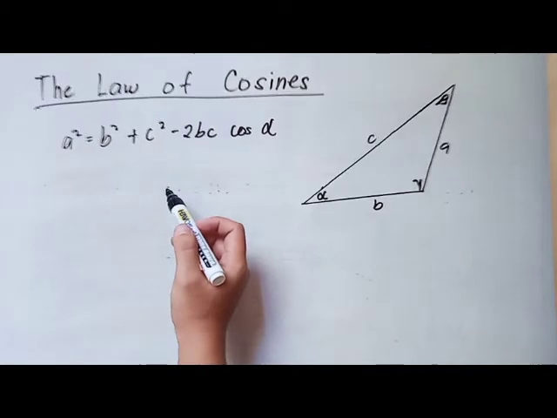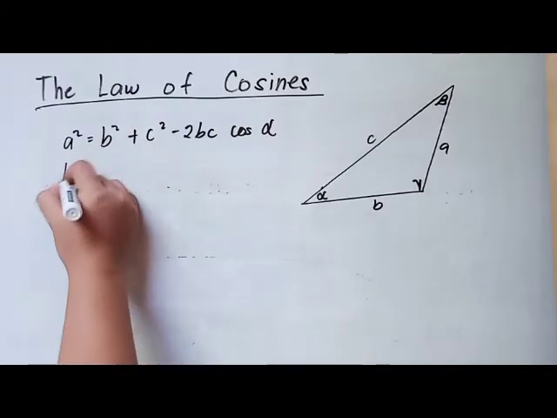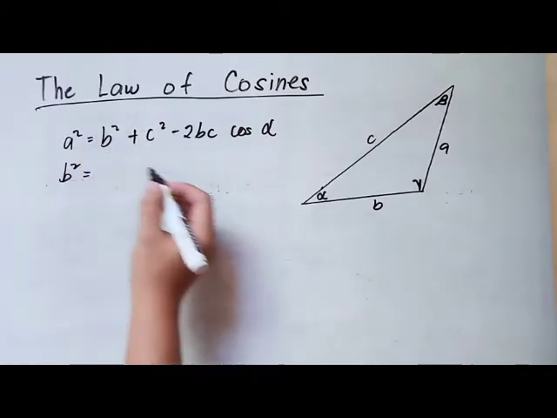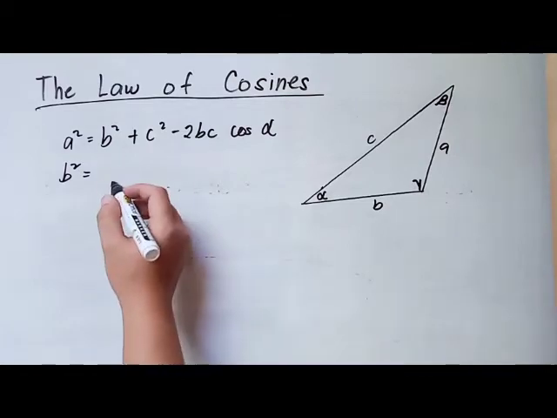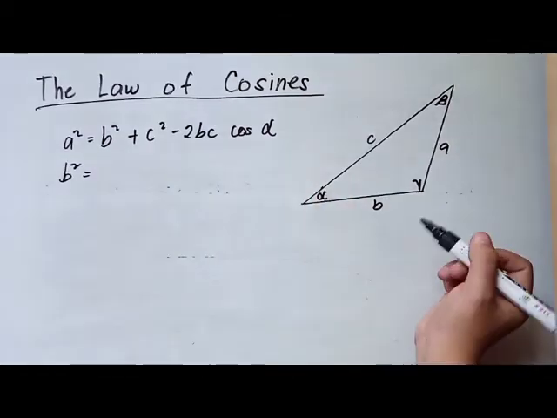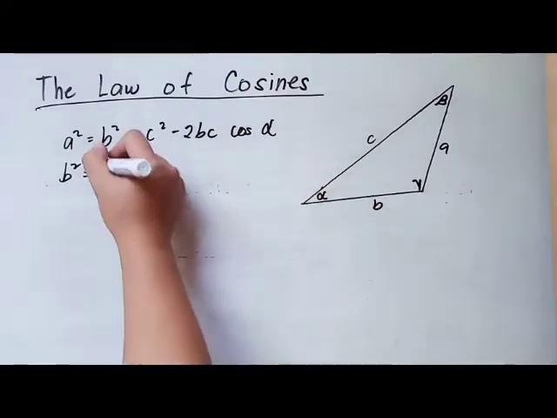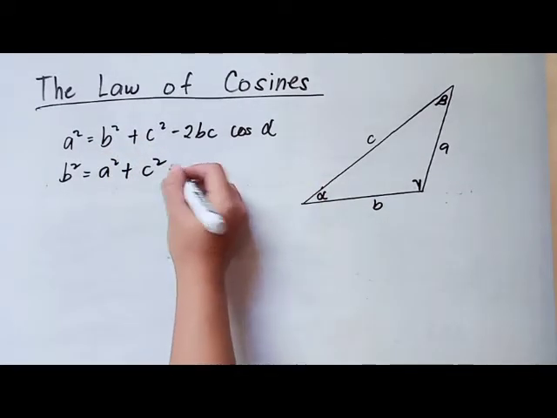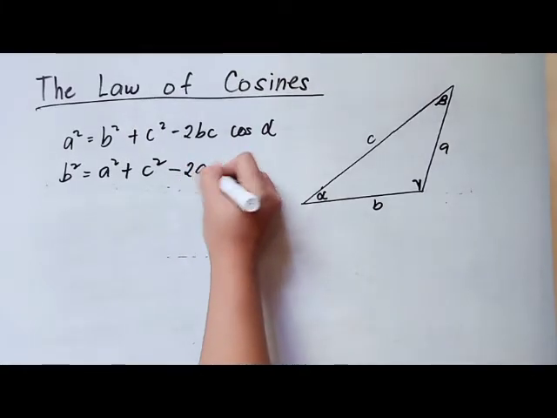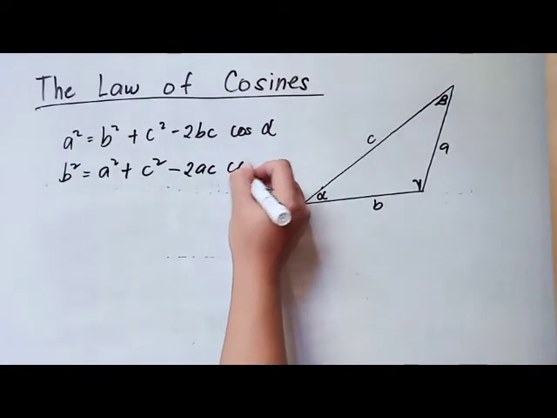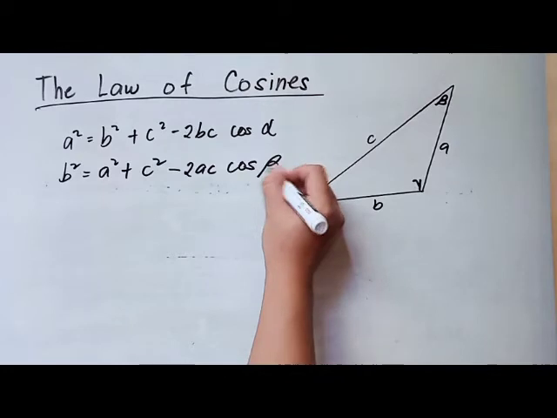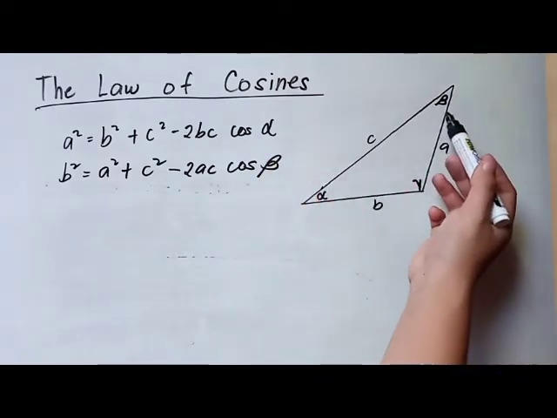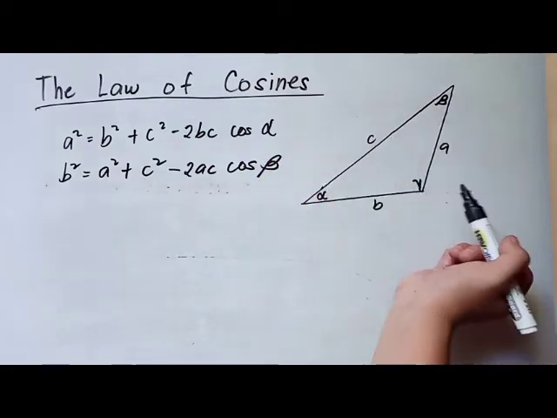So in side B, or your B squared now, in finding that, what is involved here are the two sides A and C, so that is A squared plus C squared minus 2AC cosine beta, and beta is their included angle.